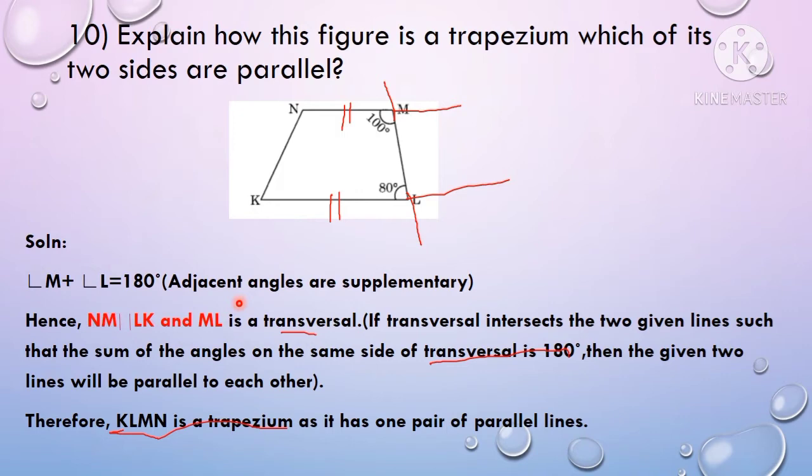Now when I teach, you will think it's very easy. Just a transversal is passing, so NM and KL are the parallel lines, so angles formed on the same side, or adjacent angles, equal 180 degree. Then after a few days, when you turn back to this page and read, you will wonder why ML is a transversal and why the sum is 180 degree, why adjacent angles are supplementary.